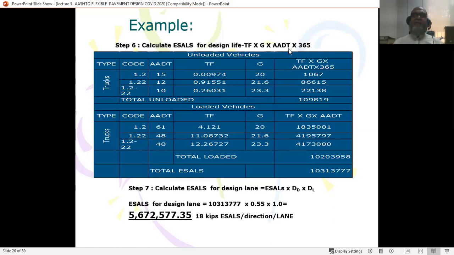Remember, this is a daily traffic and we have to convert into yearly traffic. That's why we multiply by 365. So we do it for unloaded vehicles and we do it for loaded vehicles.